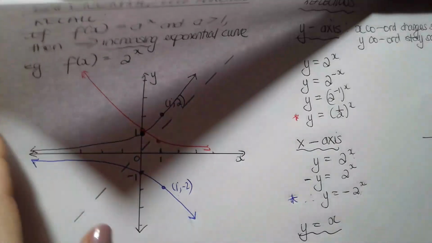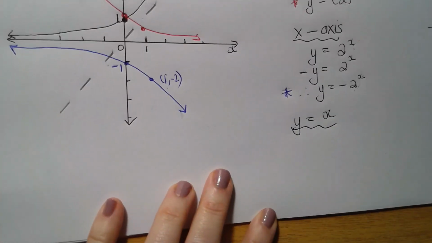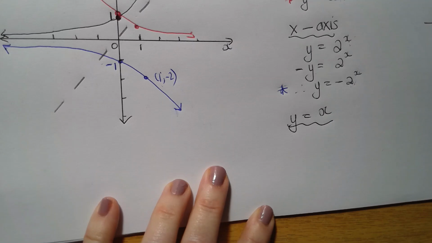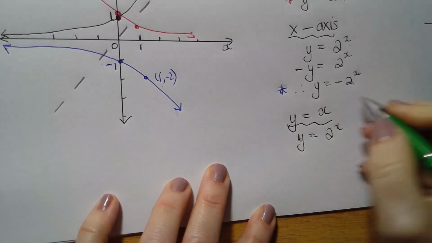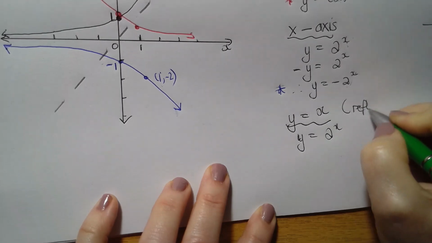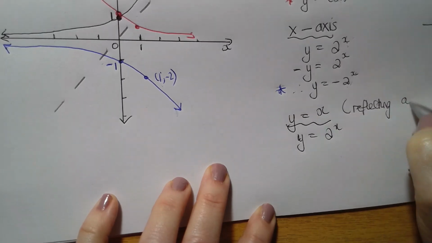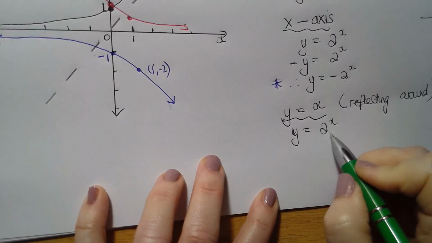And now we have to say, well, what would happen algebraically? So if I started off with my function y equals 2 to the x, so I'm reflecting around this line, right? So my original function y equals 2 to the x.